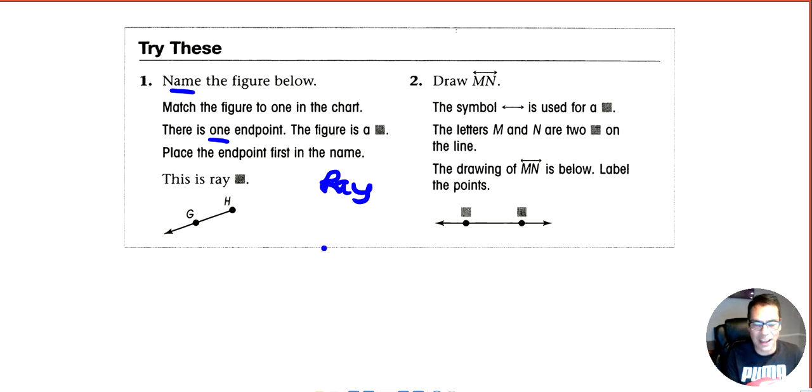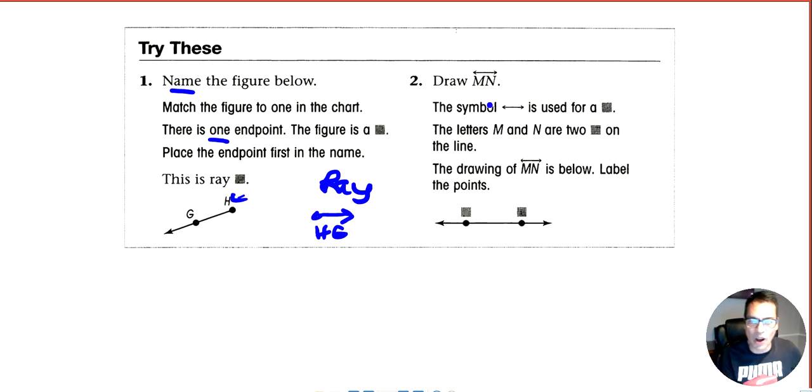So the symbol for a ray is that. And remember, when we name a ray, we name it starting with the letter at the endpoint. So this is ray HG. Good job, ray HG. So we named it. It's a ray, and we named it with the endpoint first, and it's ray HG.